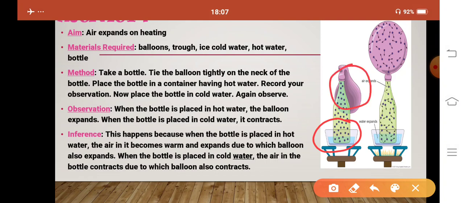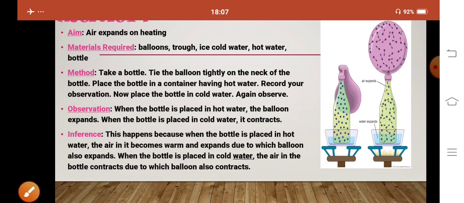Because the particles of air come closer to each other, and because of that the air becomes more dense and heavier. When you place the bottle in hot water, the particles of air move away from each other, and because of that the air becomes less dense and lighter in weight.